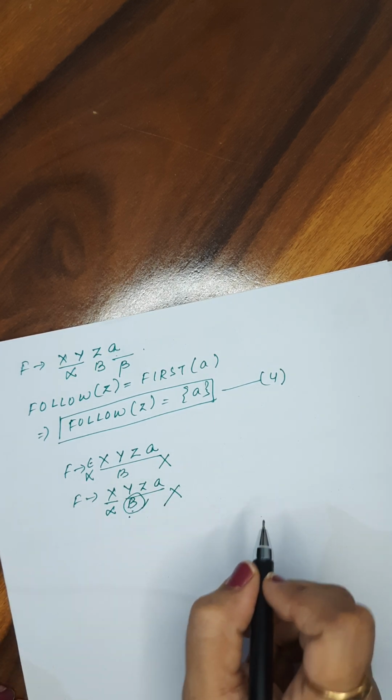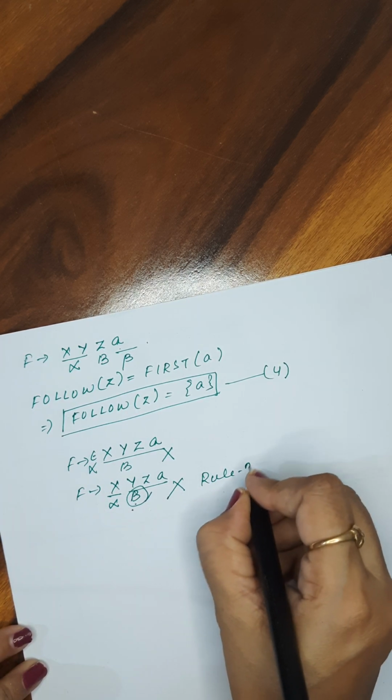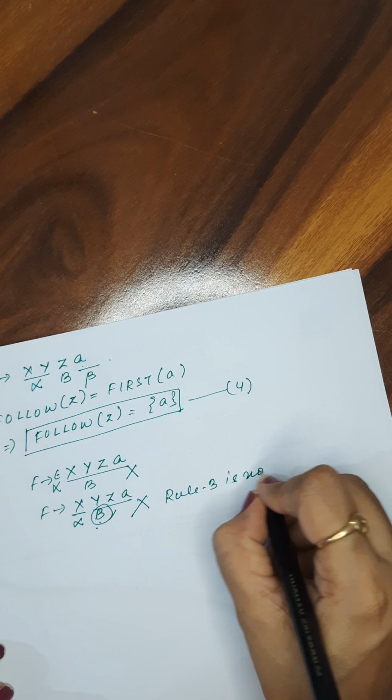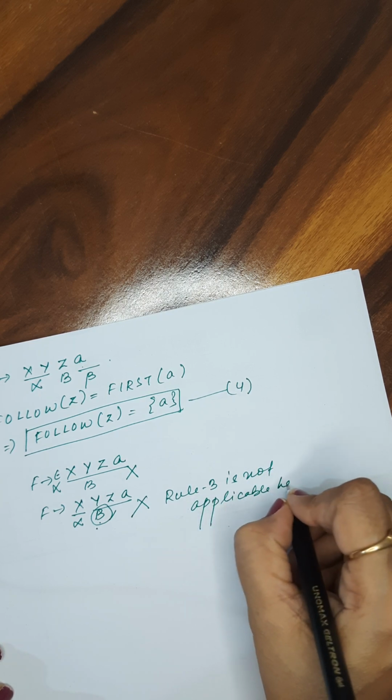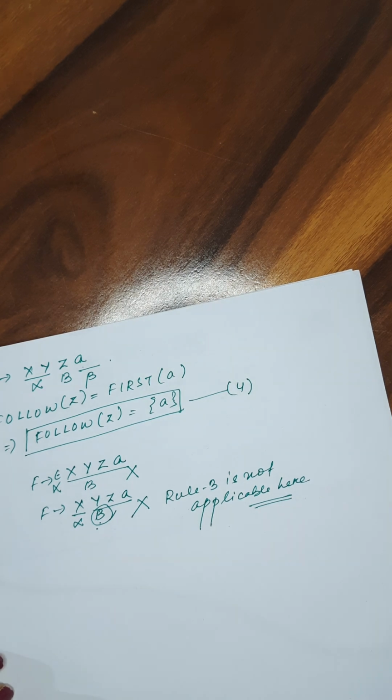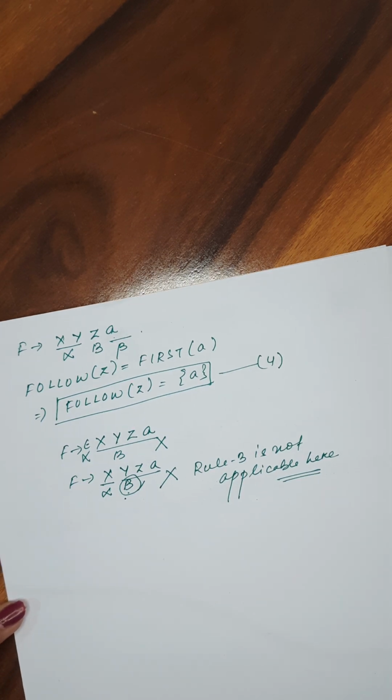So, it does not satisfy. So, rule number 3 is not applicable here. So, what we need to do is, we have to check for all the rules, whichever is applicable, that we have to find.